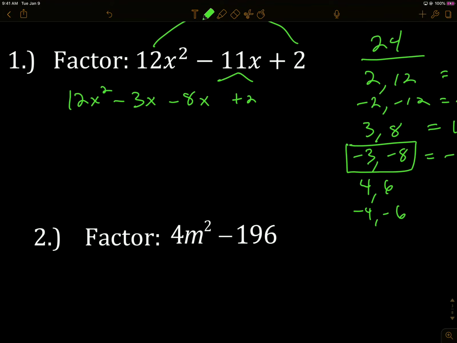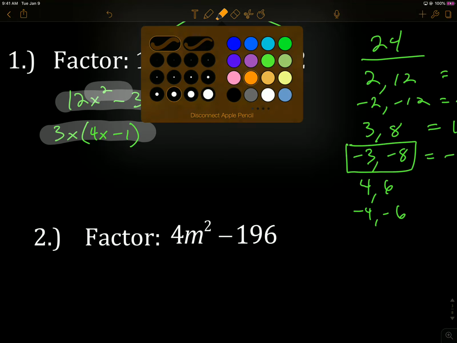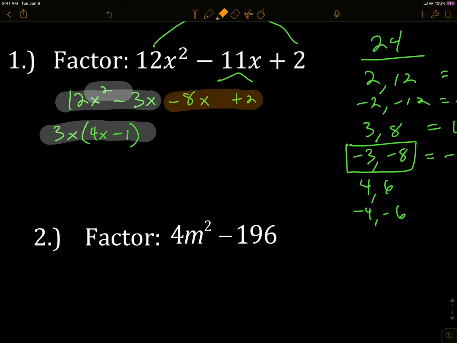All right, so now I'm going to factor by grouping. So I common factor out a 3x out of these first two. I'm just doing these two first, right? So if I factor out a 3x, I get 4x minus 1. And now if I factor out these two, I'm going to factor out a negative 2.